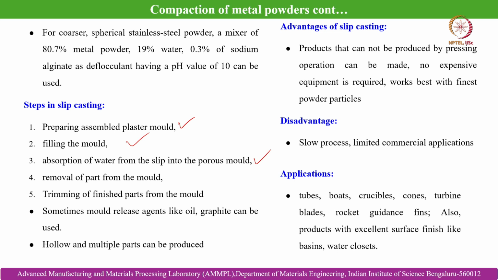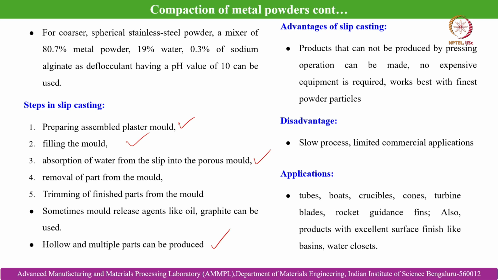Then the part is removed from the mold after the water gets absorbed, and the finished part is trimmed. Sometimes mold releasing agents like oil or graphite can also be used, and then hollow and multiple parts can be produced in case of the slip casting route.